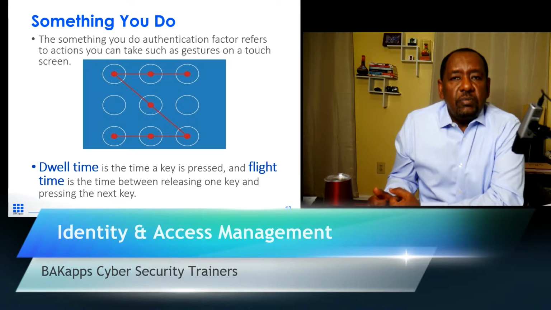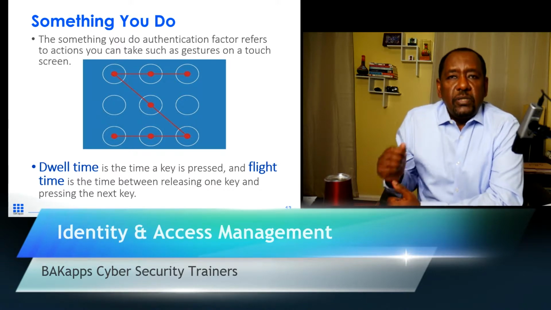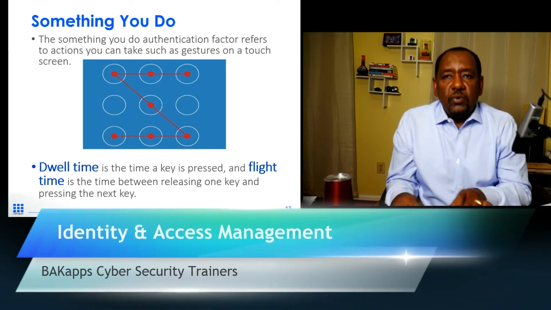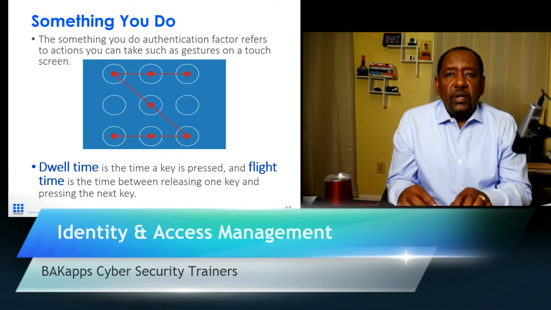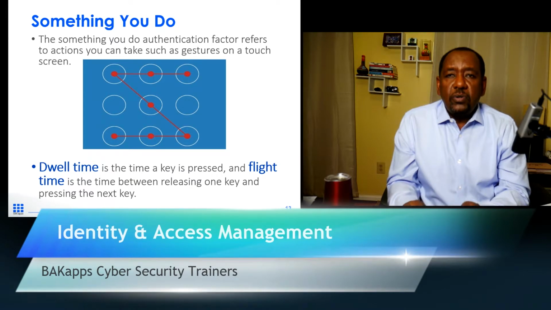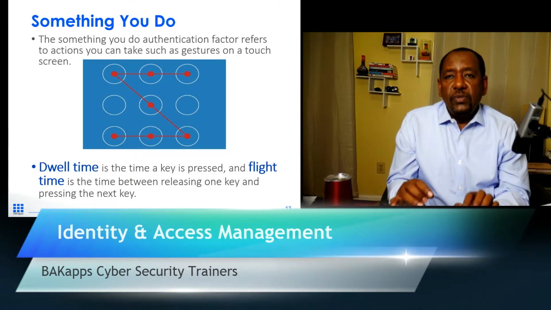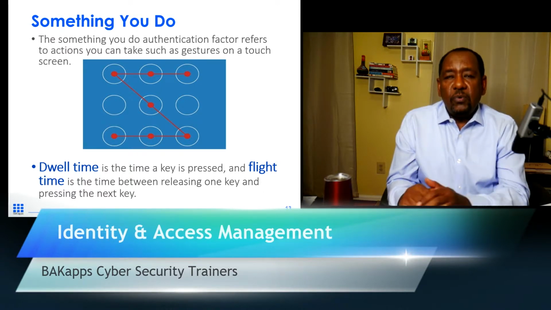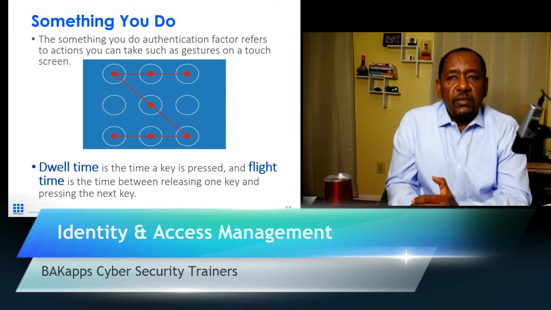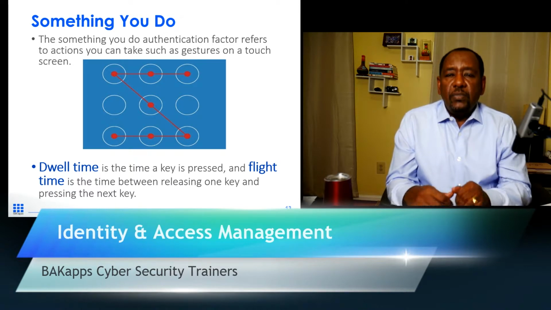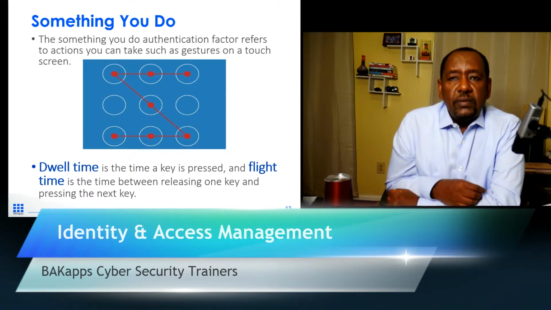Other highly secured systems also use something called dwell time, which is the time a key on the keyboard is pressed. How fast you are moving your fingers off the keyboard, or particularly when you get older, your fingers stick there and they don't pick up quickly. So there is a mathematical calculation of how fast a person is typing.